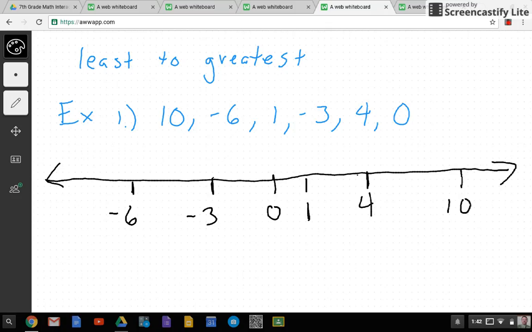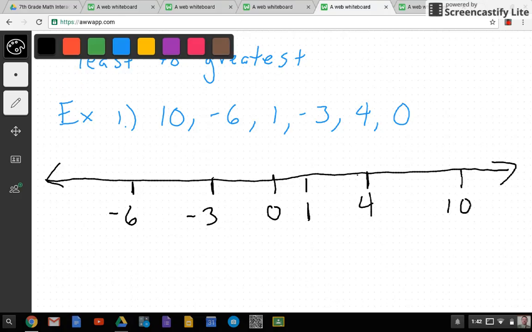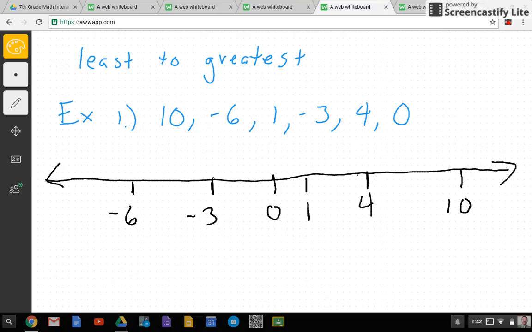Okay, so now if I'm plotting these out, if I'm doing these least to greatest, as you can probably tell from this, the smallest one on here is -6. It is absolutely the smallest. We're not looking at distance from 0 anymore. We're not looking at absolute value. So if I'm using US dollars and I have -6, that means I owe you $6.